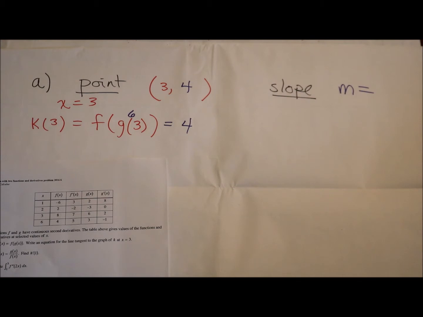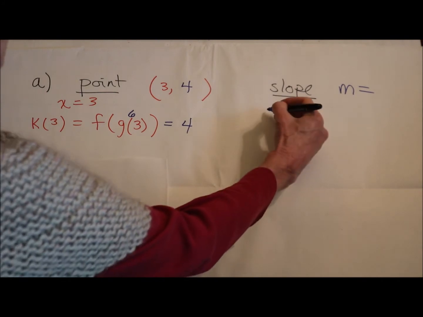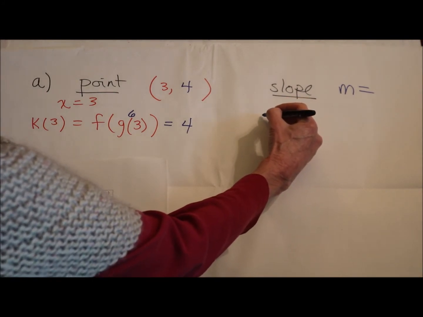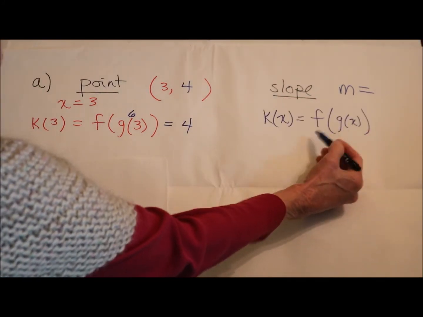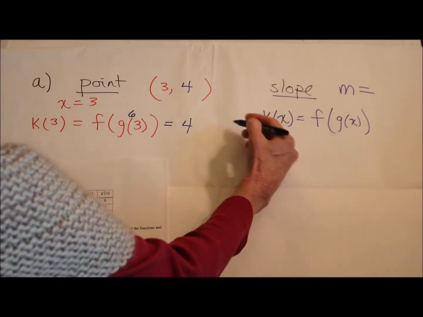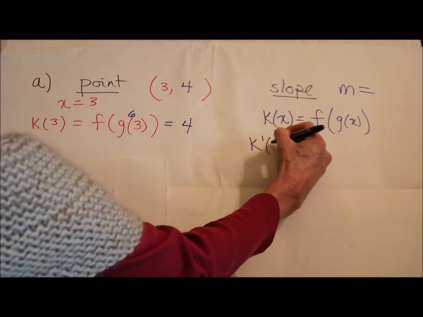Now let's find our slope. The slope of the line will be the slope of k at that point, in other words, the derivative of k. So I need to take the derivative of k of x. We have a composition of functions, so I need to do the chain rule.